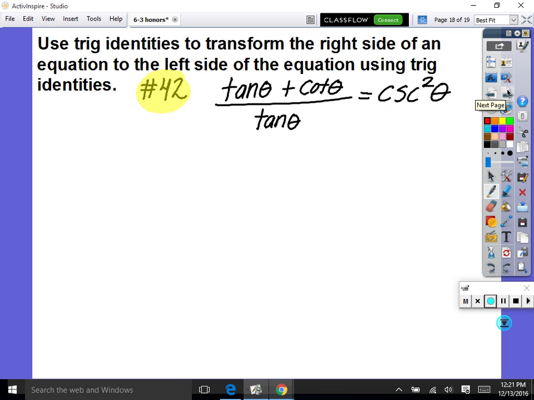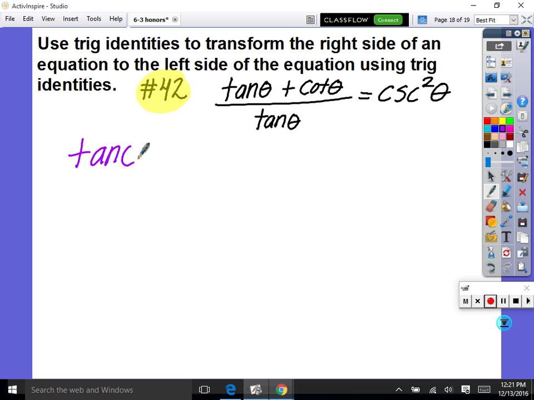Okay, let's do this last one, and then I'll give you the rest of the time, so everybody watching can make sure you can do it. So we have tangent theta plus cotangent of theta, all over tangent of theta. Now understand there are a lot of different ways we could tackle this problem, so my way might not be the same as the way you choose. How I chose to do this one was split it up.